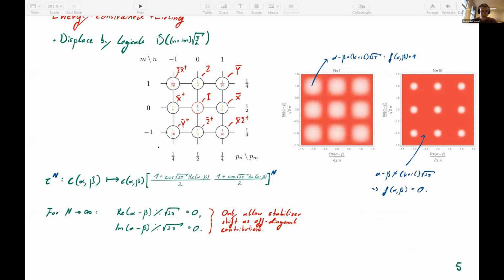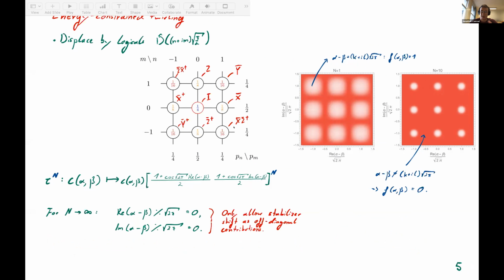So the central component of the twirl that I consider here is choosing the right probability distribution. What I'm showing here is a lattice that labels the different displacements that I do. Here I consider logical displacements of this type, where n and m just label the vertices on this graph.